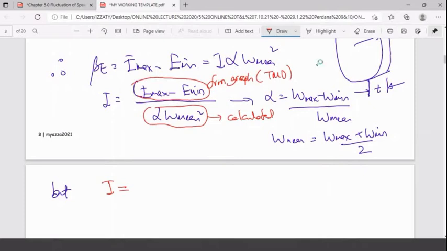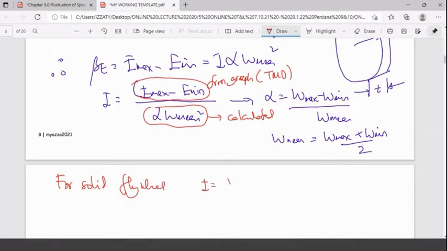Equal to, let's say you are dealing with a solid flywheel. I'll put it there, for solid flywheel, for example. For solid flywheel, you have what?